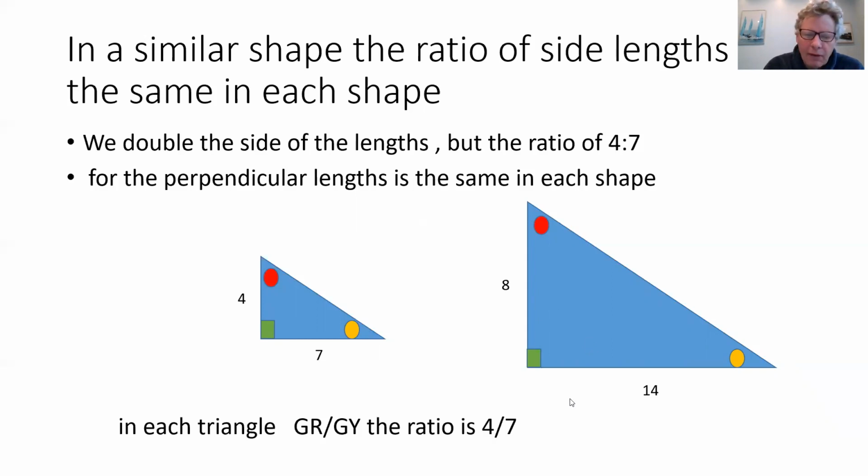To solve these harder problems, we have to put the angles into the shape and then work out which are the two sides. What we end up with is some equivalent fractions. So we've changed the problem from a magic triangle problem to an equivalent fraction problem.